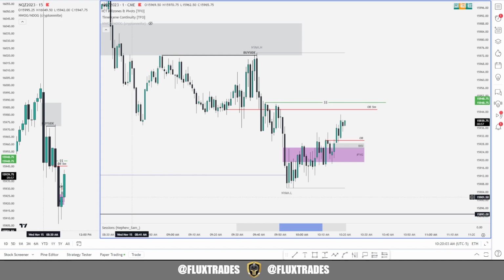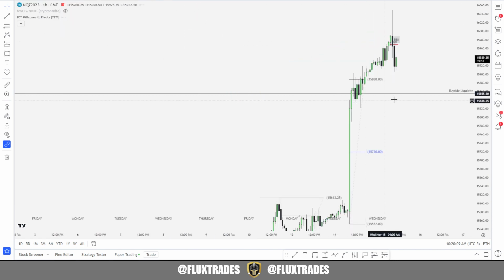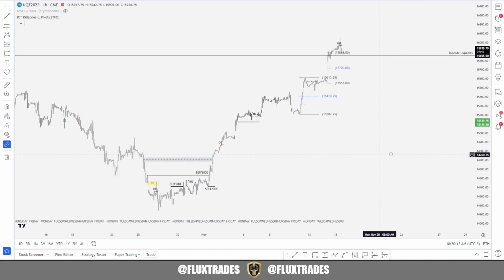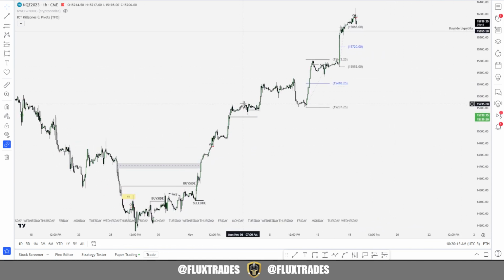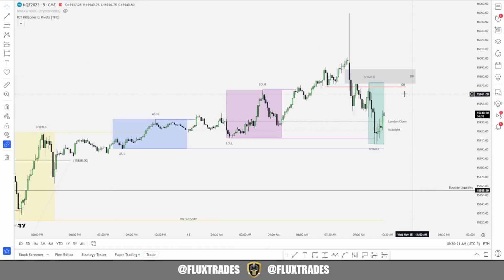Really want to sell indices today. Yeah, I agree. I've been wanting to sell indices for a while. Look at this hourly chart. This is just mad. But yeah, I agree. But Wednesday, what is that, a Wednesday reversal profile? I haven't seen that in a minute.